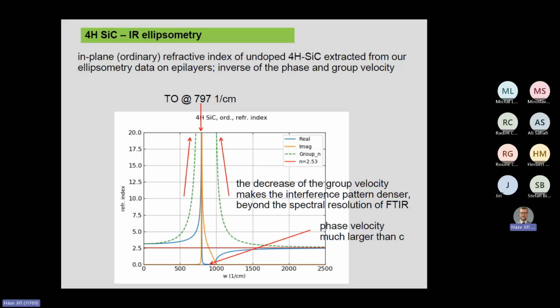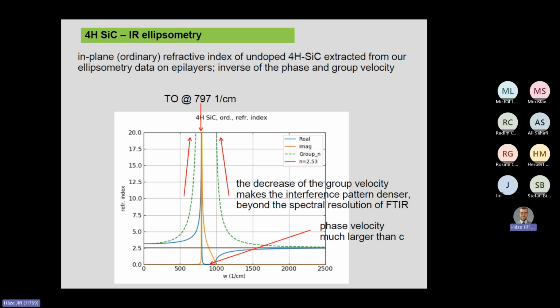This might be a bit surprising for people not working in infrared. In good infrared oscillators, the response is really sort of unusual.